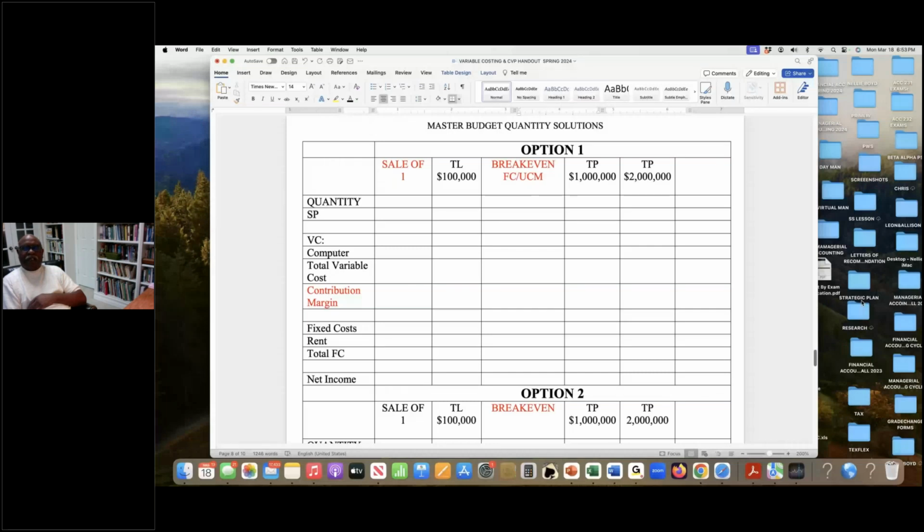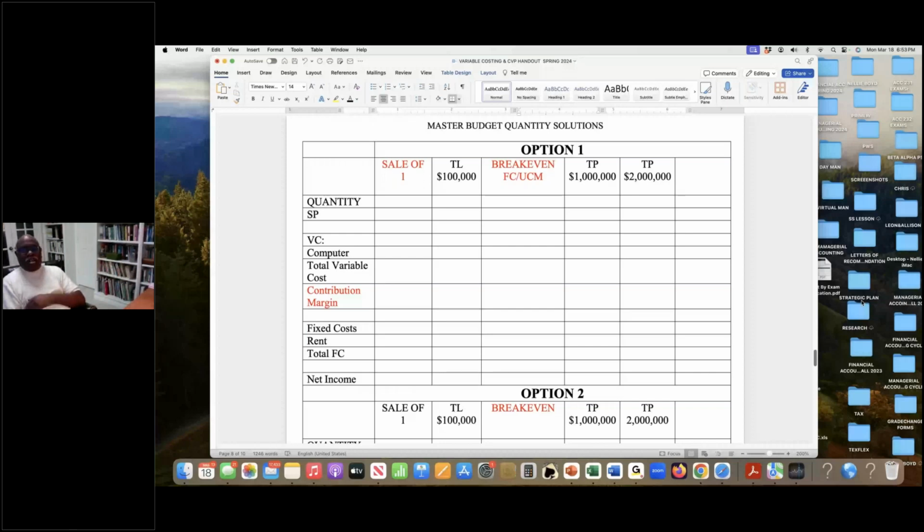Is it there yet? Nope. Oh, it's slow today. There it goes. It has option one, option two. Yep, and you are working on option 1. So it did get there.